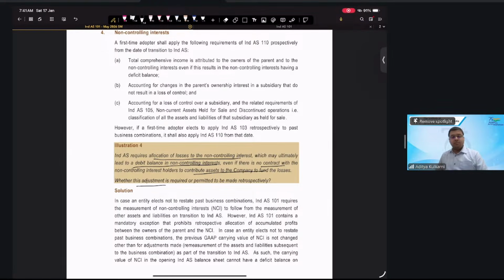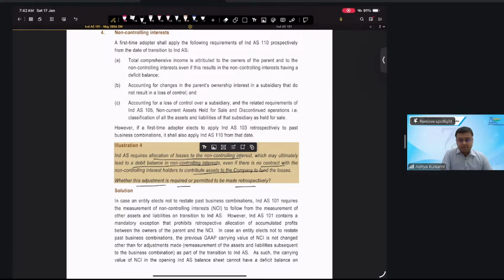Whether this adjustment of losses should be done retrospectively, or can I do it prospectively? The answer is very simple. If you elect to do a past restatement of business combinations done, then NCI also will be restated accordingly. Yes or no?